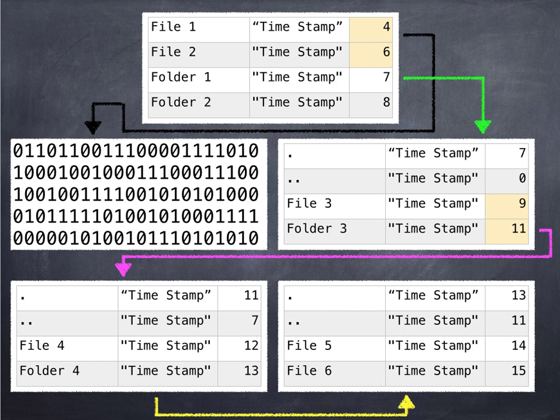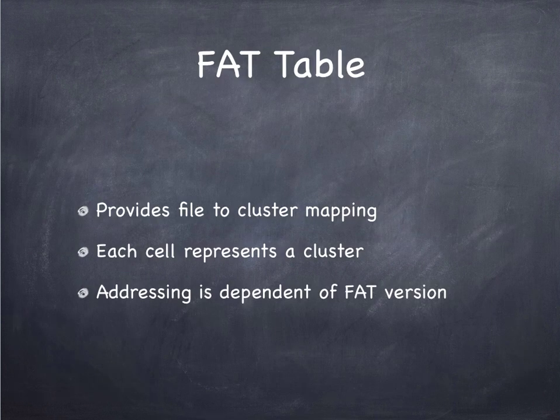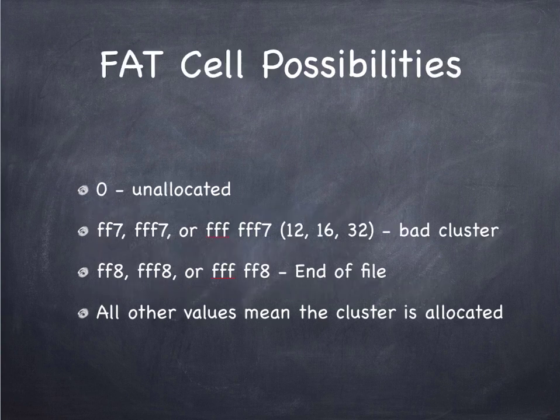The way that files are put back together involves the FAT table. The FAT table is in a special location at the beginning of the disk, which contains a map. And this map maps out all the clusters on the system by cell. It's a big table. In the cells of this table, you'll have either a 0, which means unallocated.